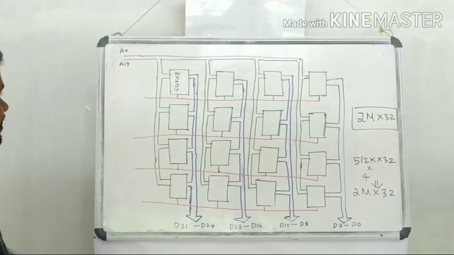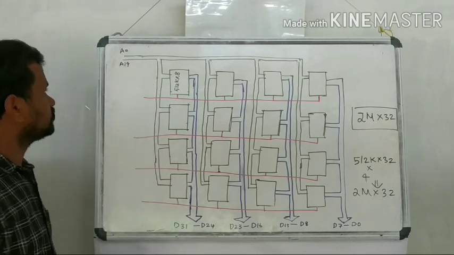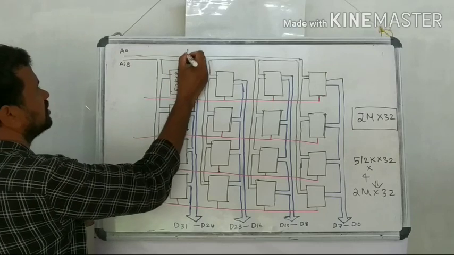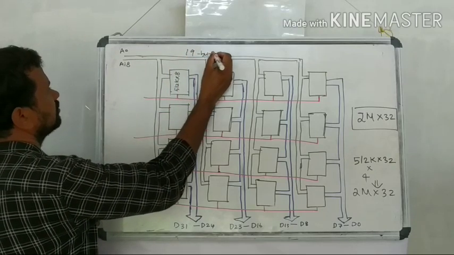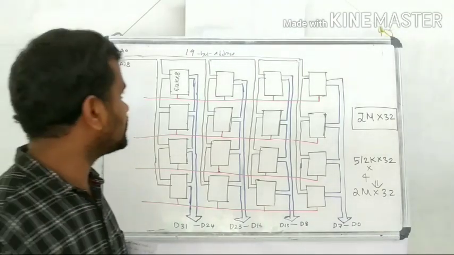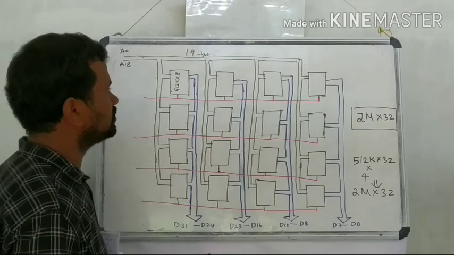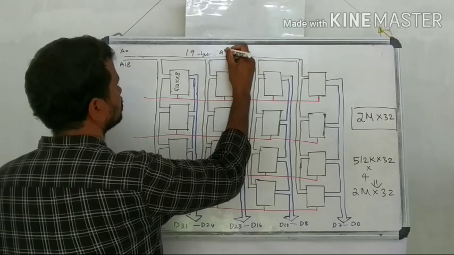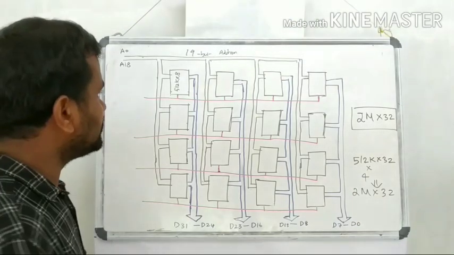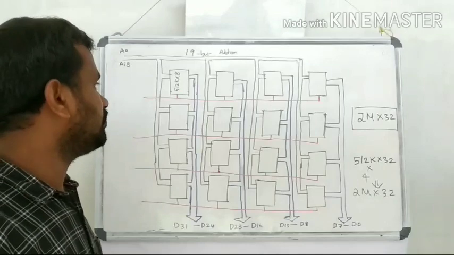Then in this case, the address lines A0 through A18, which is a 19-bit address part, are connected to all the 512K memory chips.